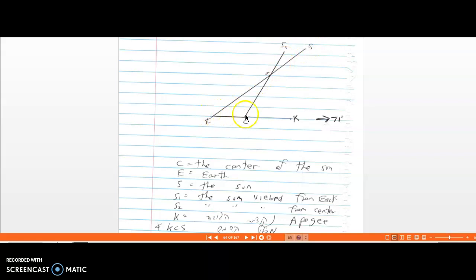What's its position? The answer is 71 plus this angle. Let's assume this angle is 30 degrees. So it's 101. The sun, as seen from Earth, is at 101, that's 11 degrees of Shor.